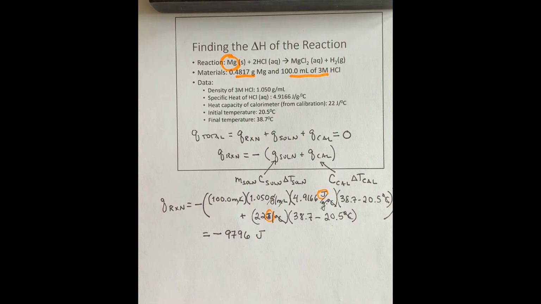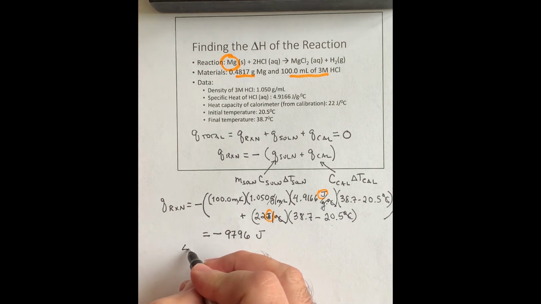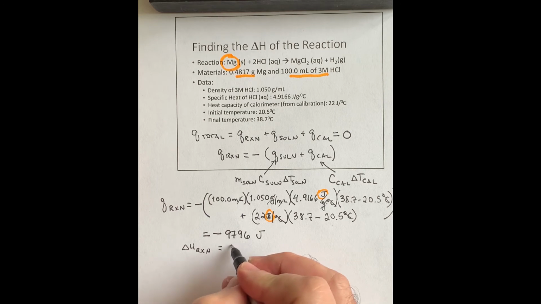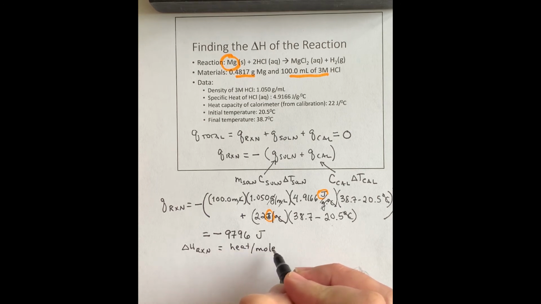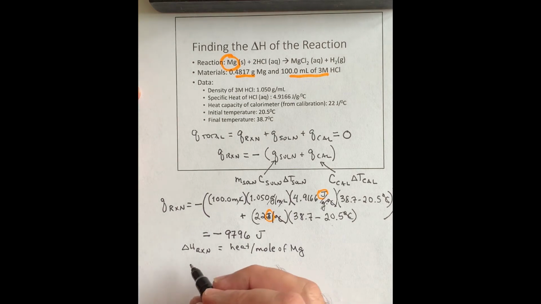The enthalpy of this reaction really is the heat evolved per mole, in this case, per mole of magnesium. So we had to do some conversions here. We had to look up in our periodic table the molar mass of magnesium and then do some calculations. So let's see what that is.